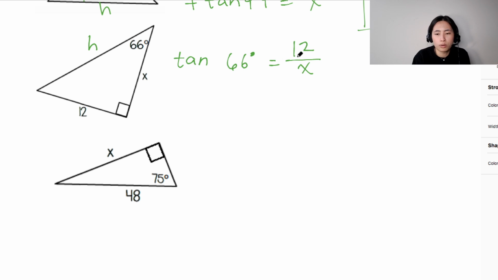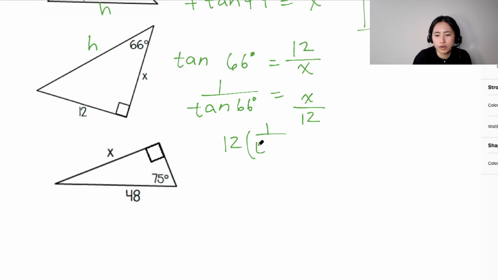So you're multiplying x times tangent 66, right? Which is equal to 12, or you can take the reciprocal, which is 1 over tangent 66 degrees, which is equal to x over 12, right? So you can take 12 times 1 over tangent 66 degrees, and that's equal to x.